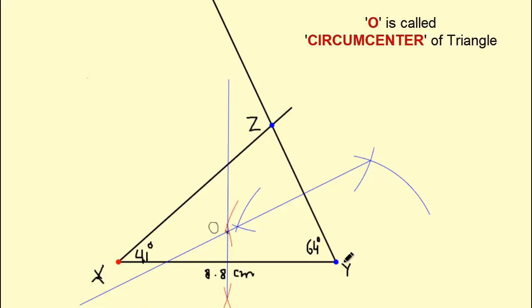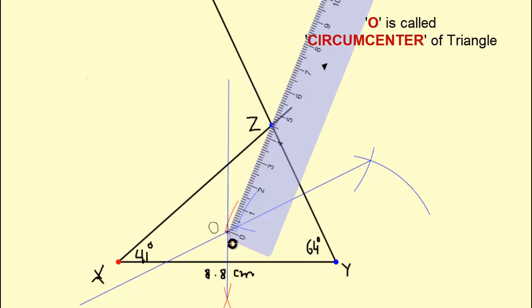In a similar way, any point which is on the perpendicular bisector of YZ will be equidistant from Y and Z. In the similar way, at this point, the distance from X and Z will also be equal. And now you can verify the distance from this O to the vertex Z. You can see here the distance is about 4.5 or 4.6 centimeter.